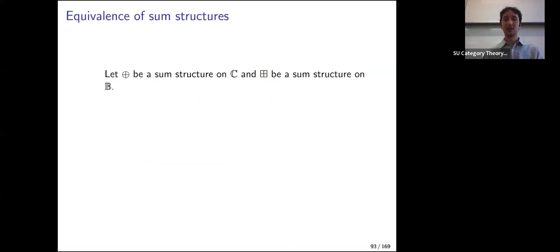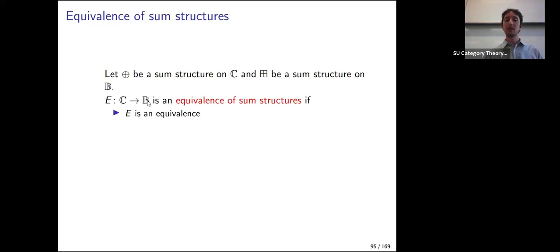Nice. Okay, and then I'll also mention a bit on equivalence of sum structures. If I have a sum structure on a category C and another sum structure on a category B, and an equivalence of categories between C and B, then we call that an equivalence of sum structures if it preserves the sum structure.